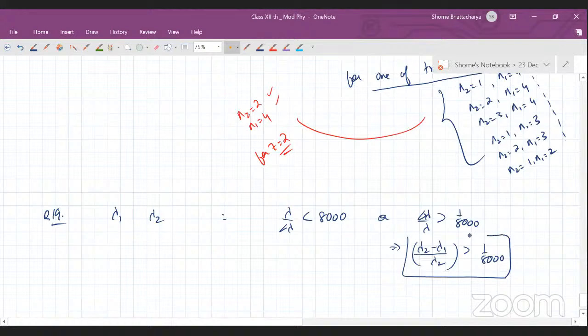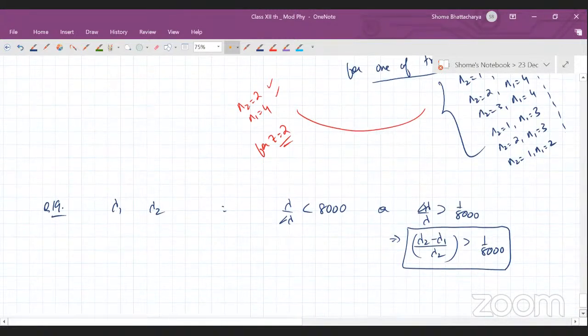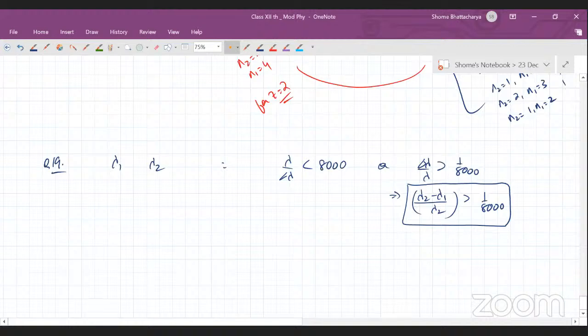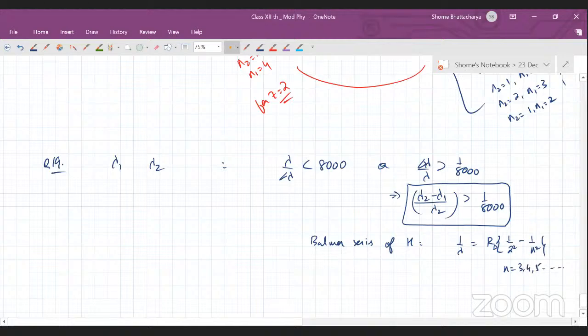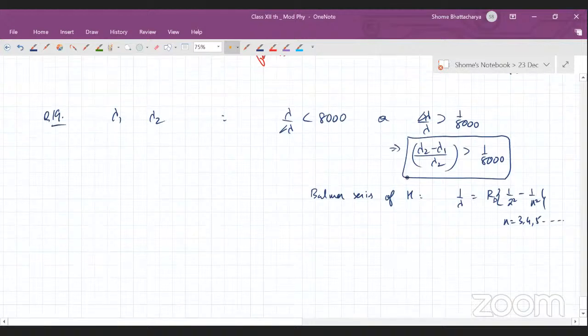Okay, so now you just apply this condition for the given series. Which series are they talking about? Balmer series of hydrogen. So for Balmer series of hydrogen, you have 1 by lambda is equal to Rydberg's constant into 1 by 2 square minus 1 by n square, where n is 3, 4, so on and so forth.